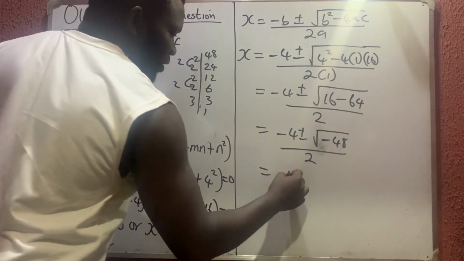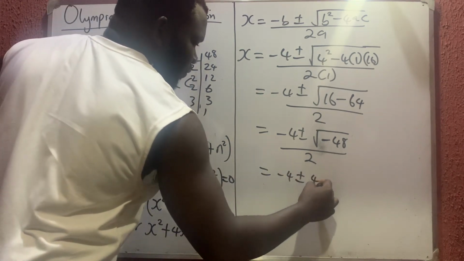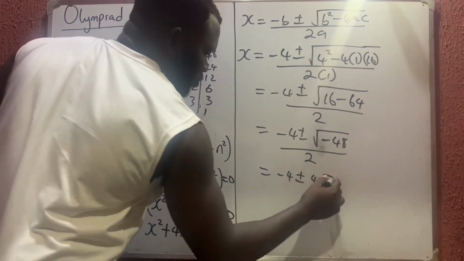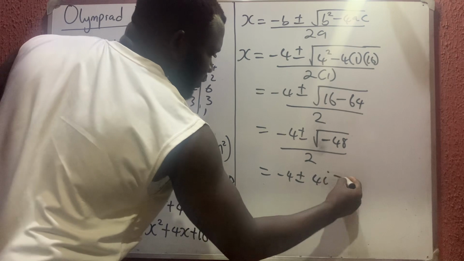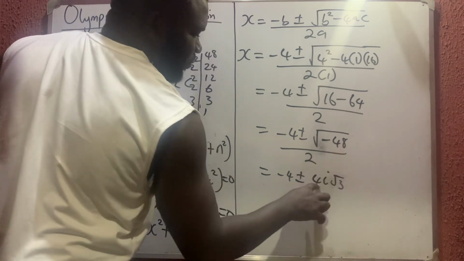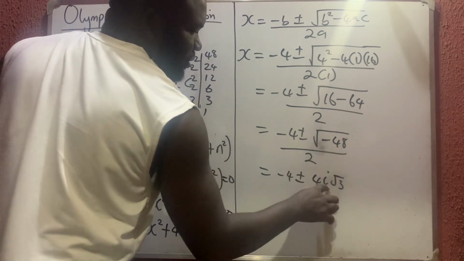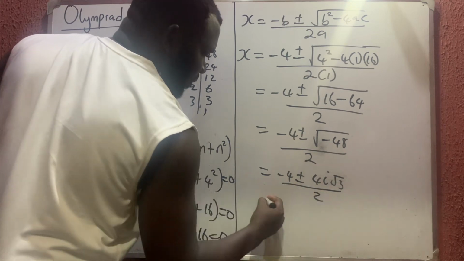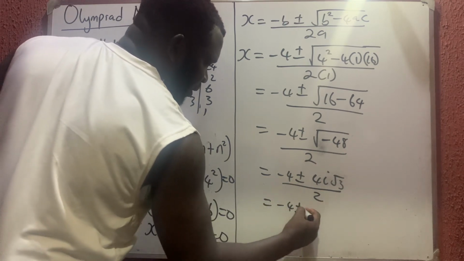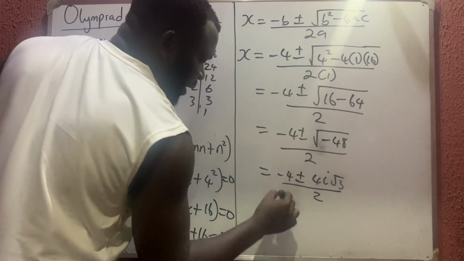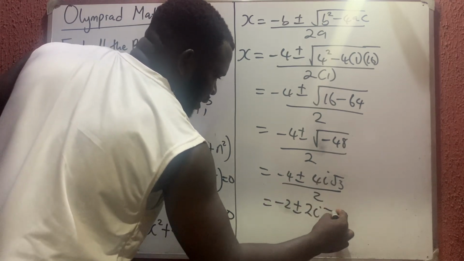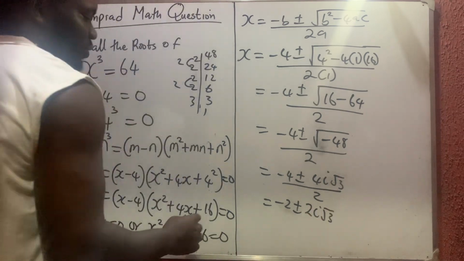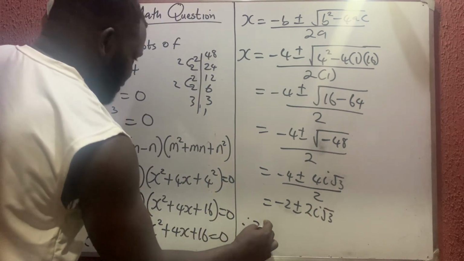So I'm having minus 4 plus or minus 4 root 3i, or 4i root 3, either one. The square root of minus is i. So divided by 2, I'm having minus 4 plus or minus, 2 divides everybody, so I have minus 2 plus or minus 2i root 3.